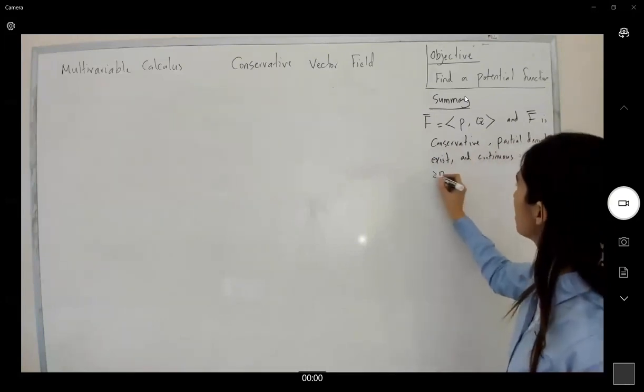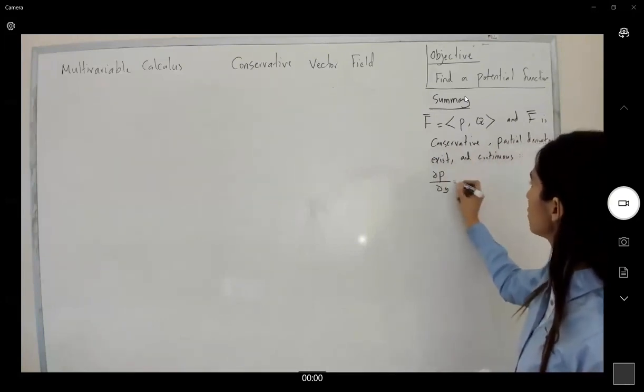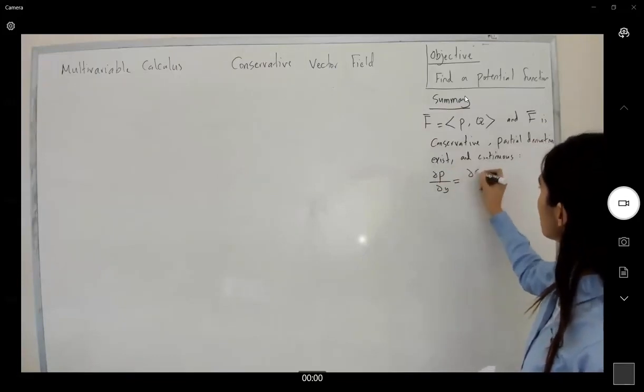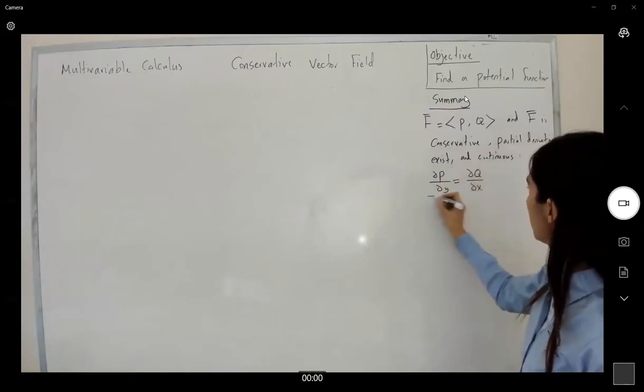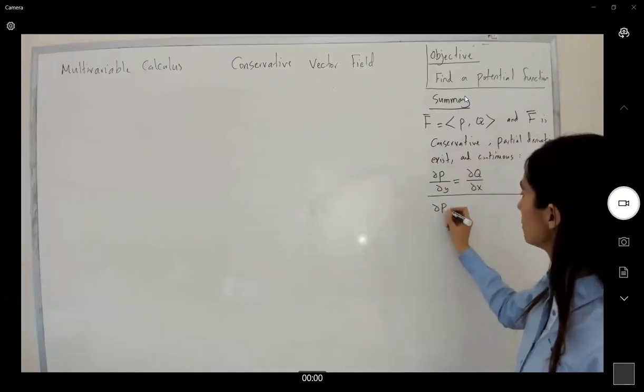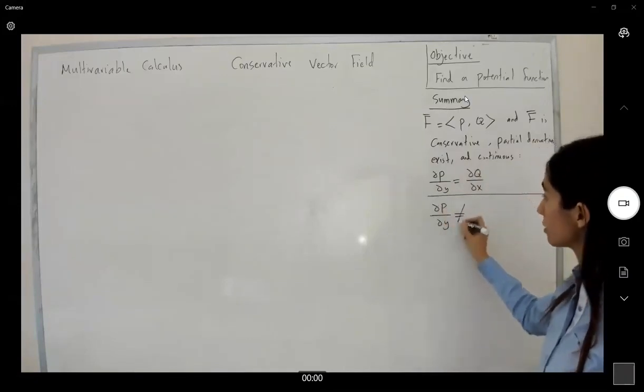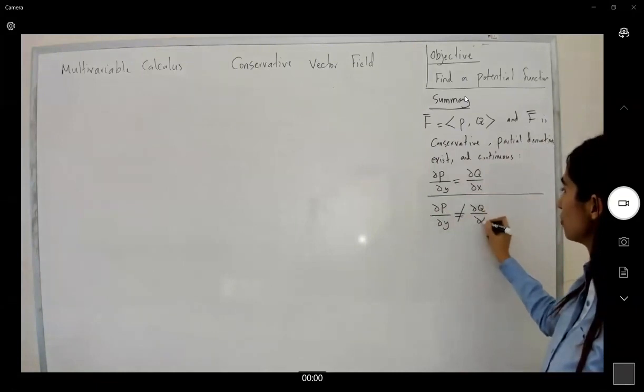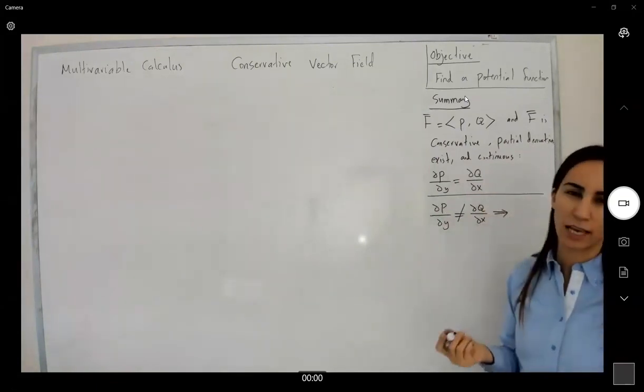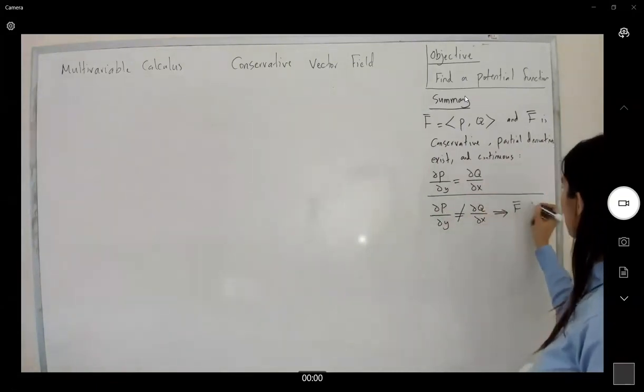Partial derivative of P with respect to y must be equal to partial derivative of Q with respect to x. And if the partial derivative of P with respect to y is not equal to partial derivative of Q with respect to x, then we can say that F is not conservative.